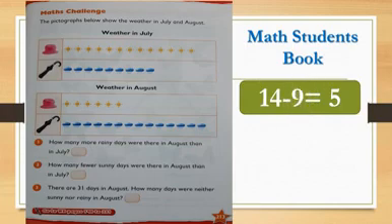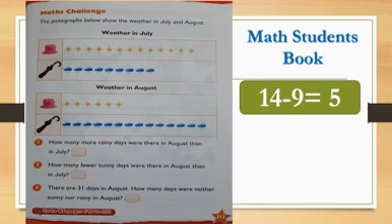So kids, how many rainy days are there in August? Let's count all together. 1, 2, 3, 4, 5, 6, 7, 8, 9, 10, 11, 12, 13, 14. How about in July?